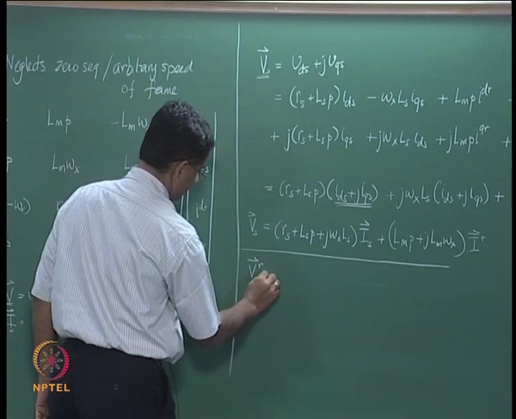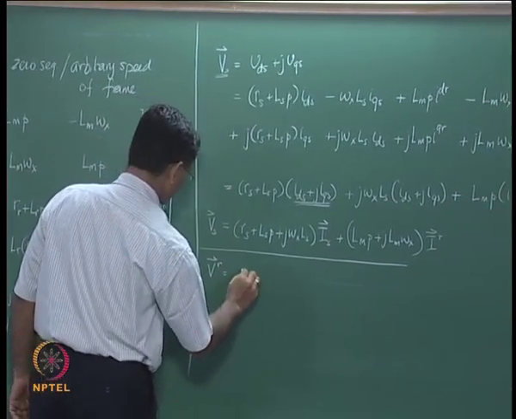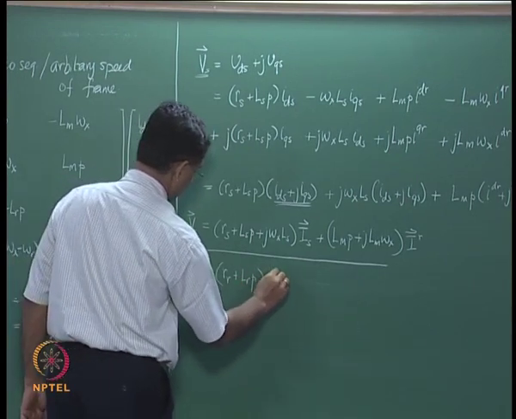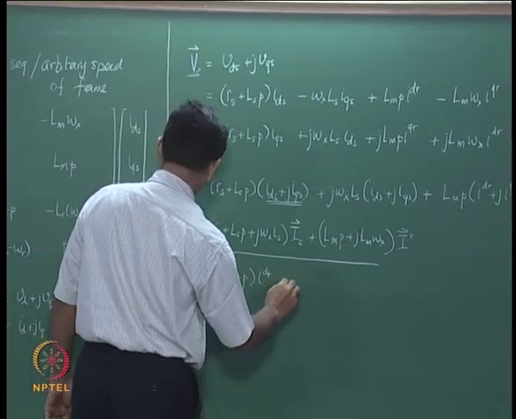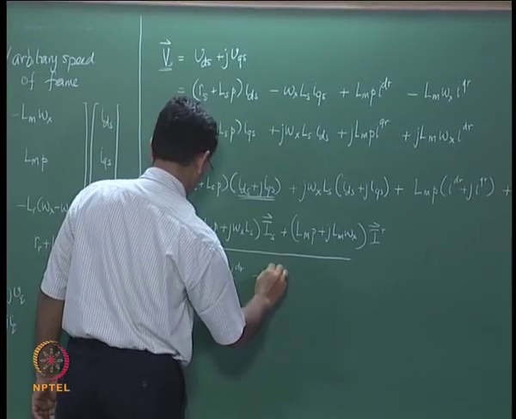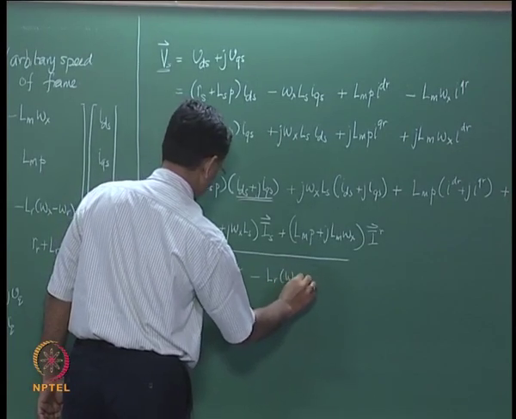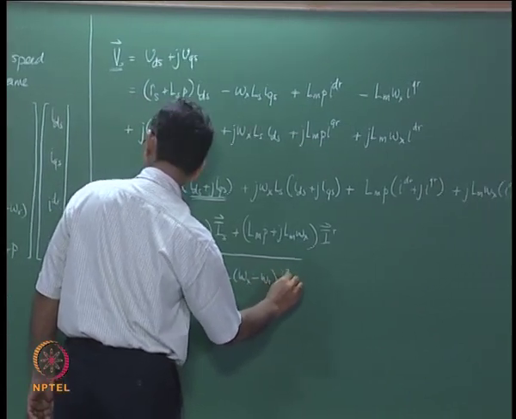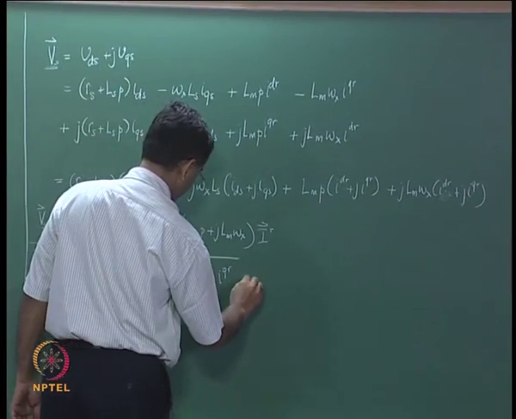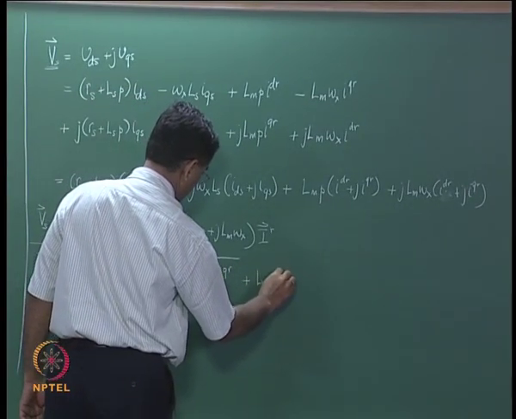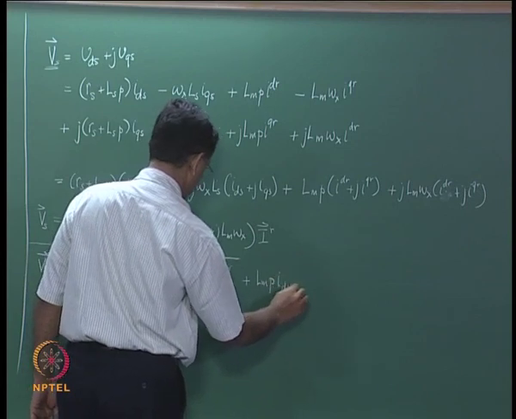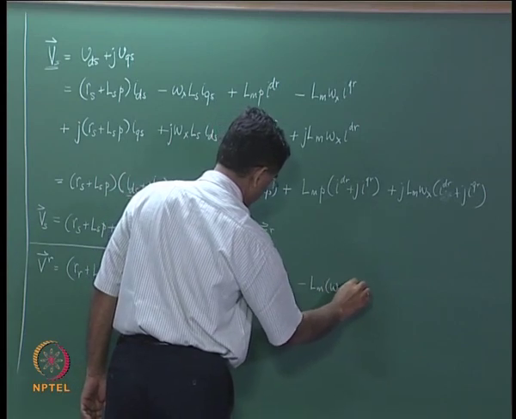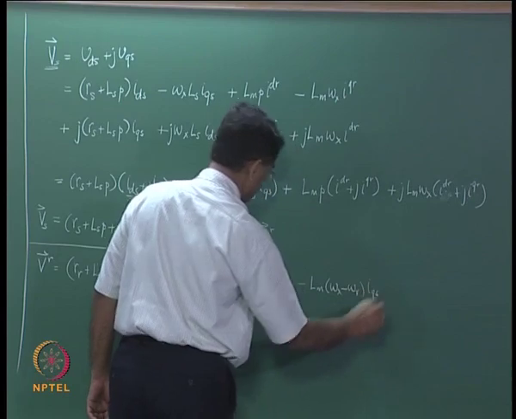So, you have the rotor as Rr plus Lrp multiplied by Idr, and then minus Lr omega x minus omega r multiplied by Iqr, and then you have Lm P into Ids, and then minus Lm omega x minus omega r into Iqs.